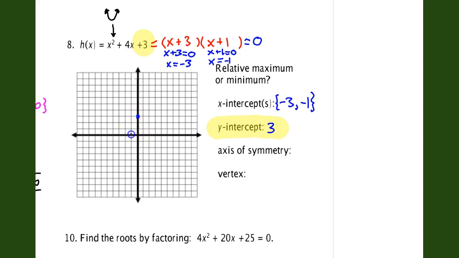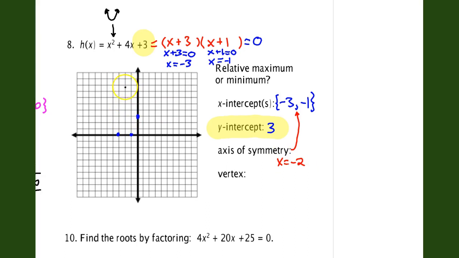So negative 1, negative 3, negative 2, negative 3. Which means our axis of symmetry must always be in the middle, right? Must be in the middle of your x-intercepts. So what number is in the middle of your x-intercepts? You should come up with x equals negative 2.